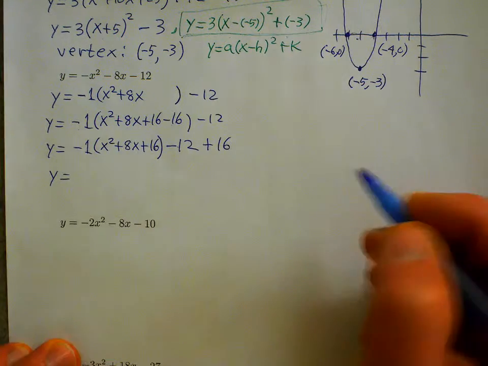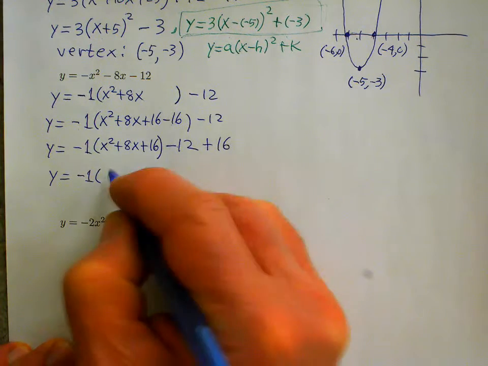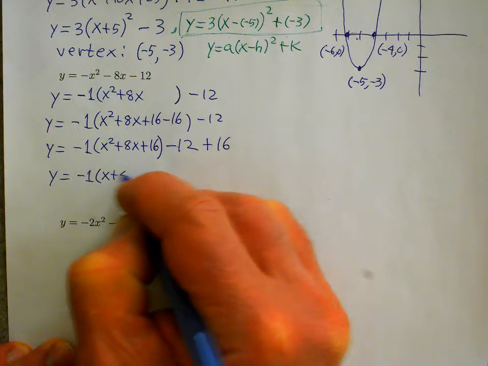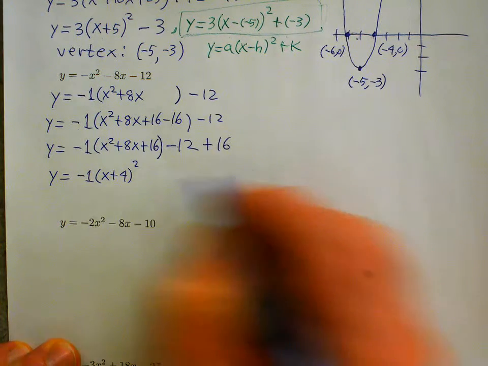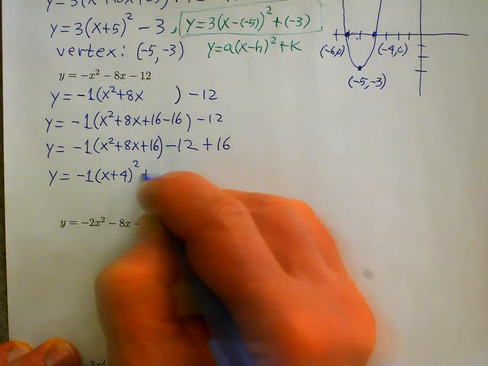Okay, then we can write the vertex form, -1 times the binomial x plus 4 squared, and then -12 plus 16 simplifies to plus 4.